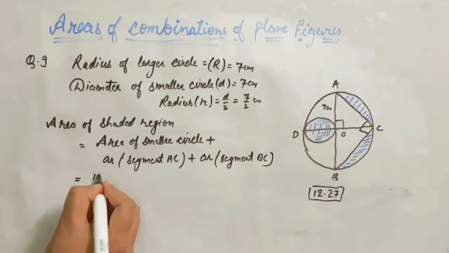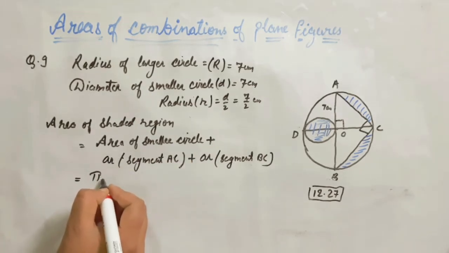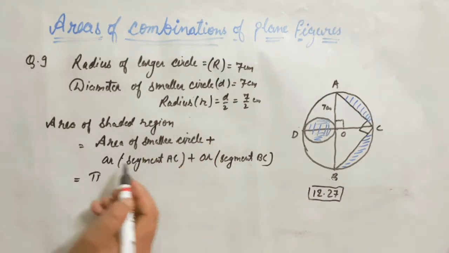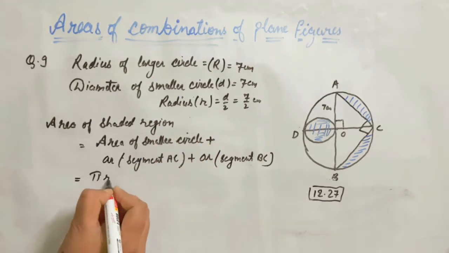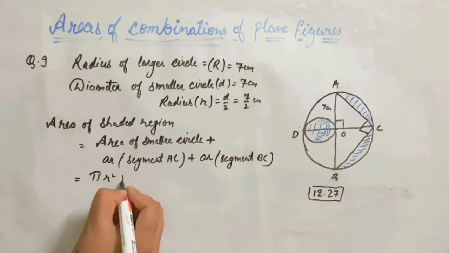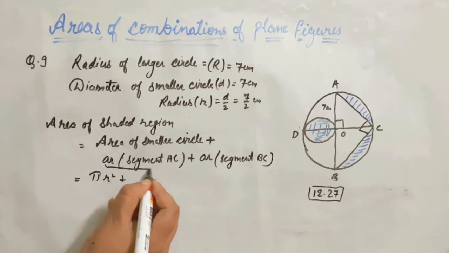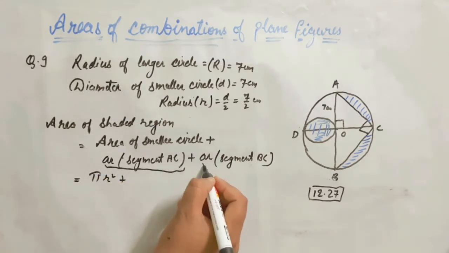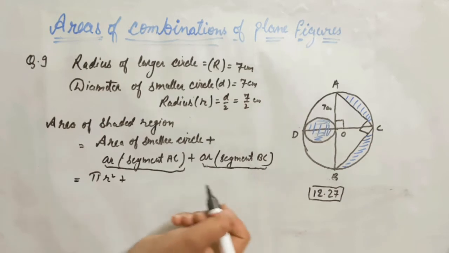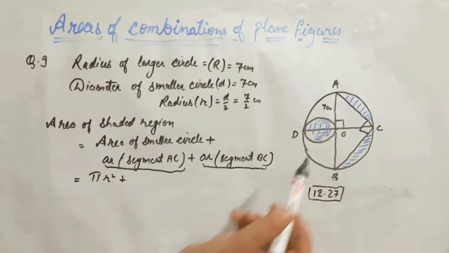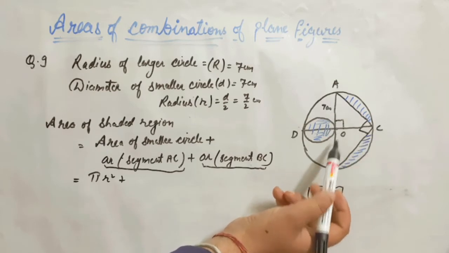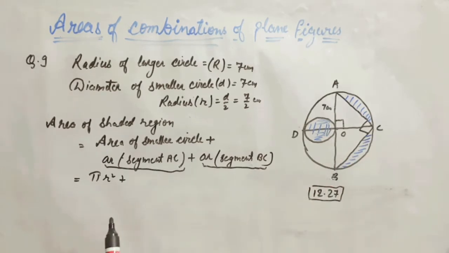It is pi into, I have taken radius equals to small r, so this is equals to pi r square, plus area of segment AC and area of segment under BC will be equal. Why? Because OA, OC and OB all three are radii.